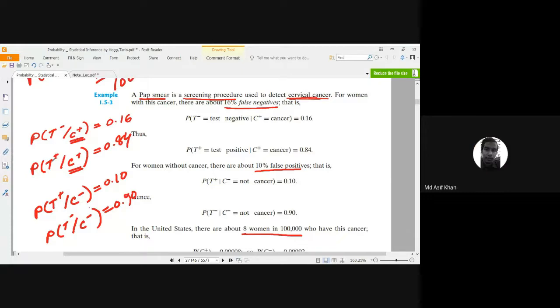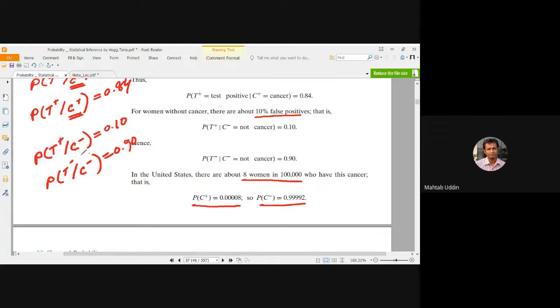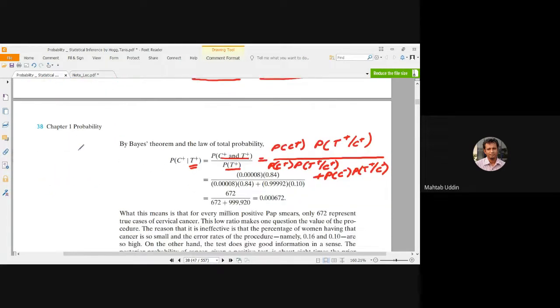We cannot complement it. We are changing T plus. Similarly here, C minus is the precondition, so we cannot change C minus. We are changing T plus and minus. Now here, T plus is the precondition. As T plus is the precondition, you cannot change T plus. You can change C plus and minus.